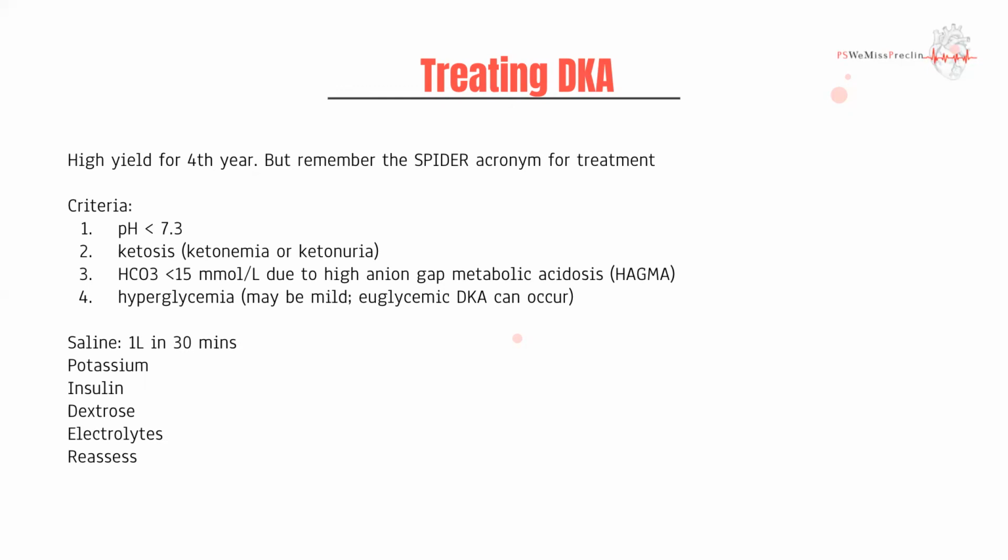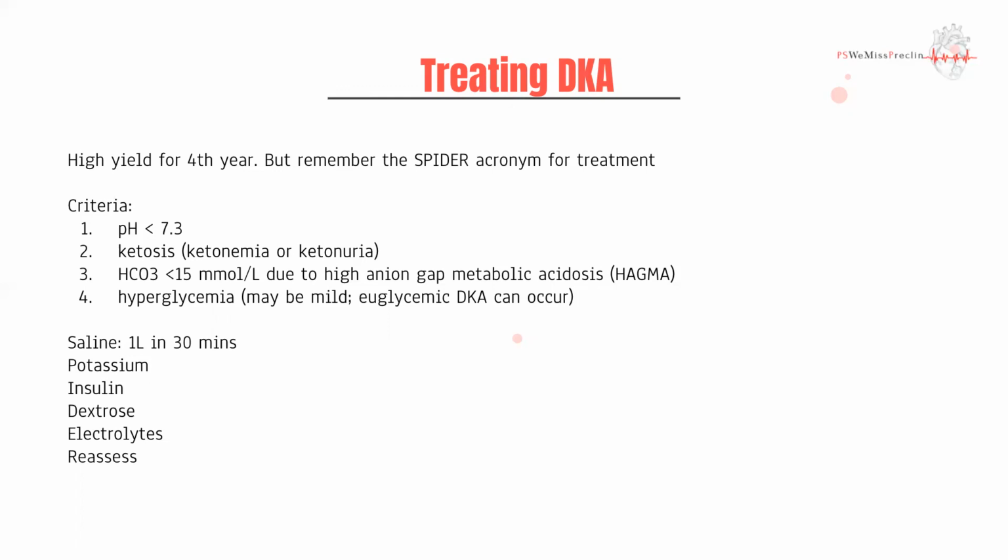The one exception to that rule is if they had hyperkalemia to begin with, then you would not start them on potassium, or start them on a lower level, because we expect that hyperkalemia to shift into a normal level with insulin.